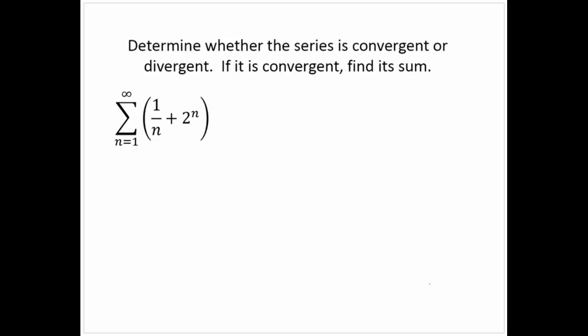Here we have the sum from n equals 1 to infinity of 1 over n plus 2 to the n. Well, one of our facts about the summation notation is we can break this up: the sum from n equals 1 to infinity of 1 over n, plus the sum from n equals 1 to infinity of 2 to the n.